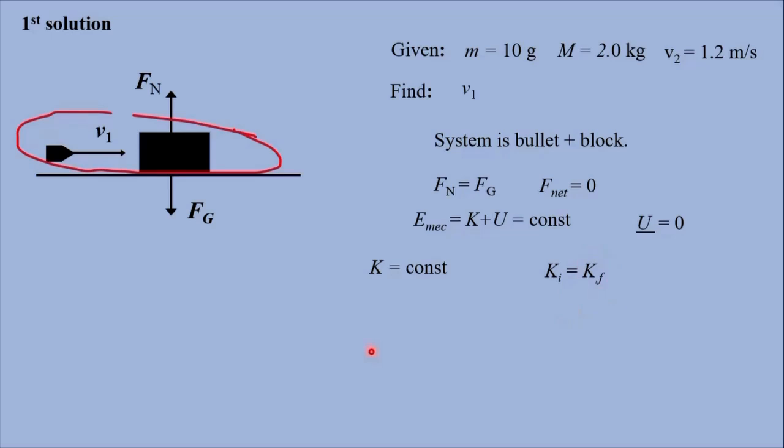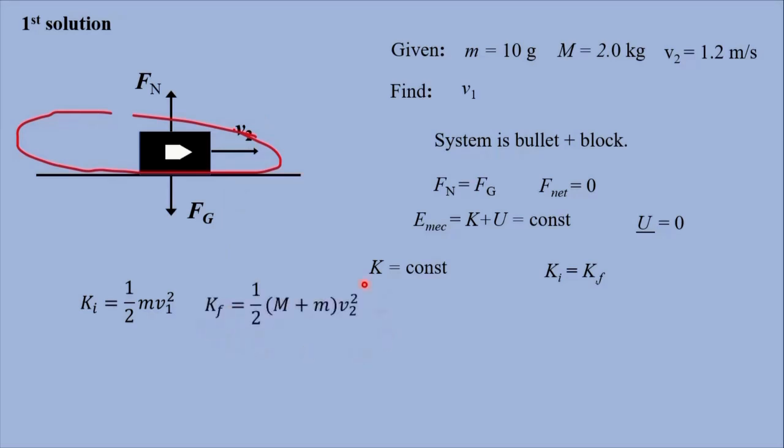Now, initial kinetic energy is equal kinetic energy of the bullet and is given by this formula. In the final state, when the bullet is in the block and starts to move together with block with the speed v2, kinetic energy is given by this formula.